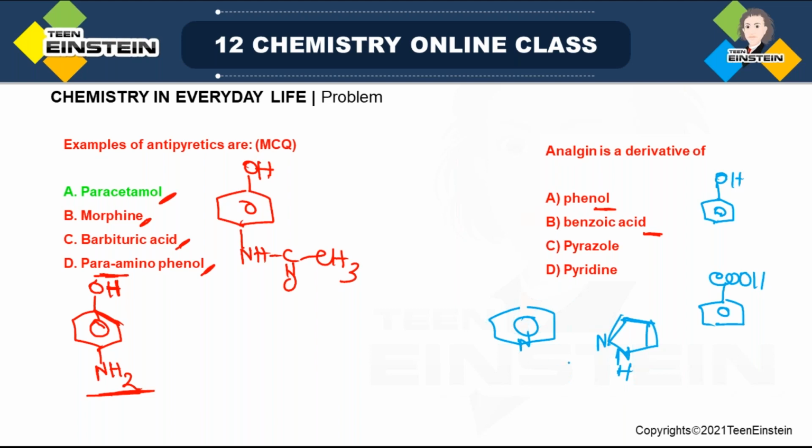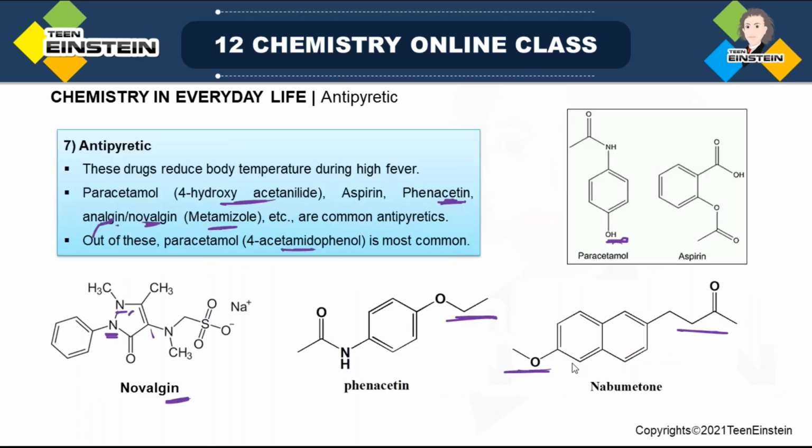Now, which moiety is actually present in analgin? Remember, we have seen in the previous slide that analgin and novalgin are actually the same. So in novalgin, another ring is also there, which is benzene. But the second ring contains 2 nitrogens. Though there is also a carbonyl, it has maximum similarity with pyrazole, right?